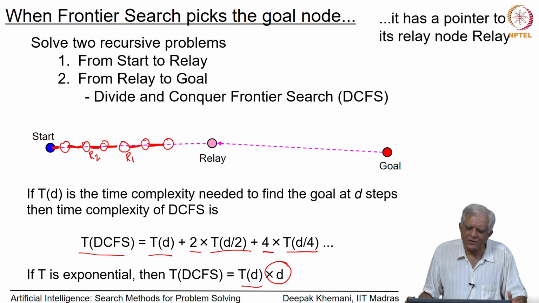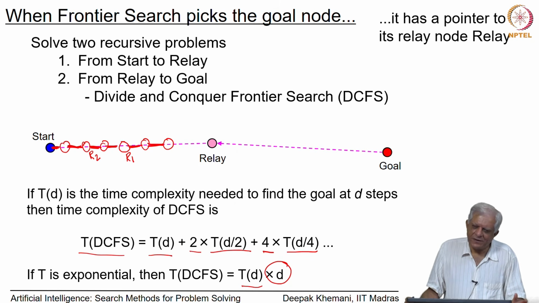So, this is the divide and conquer frontier search algorithm given by Korf and Zhang. What it says is that throw away the closed list, but at the halfway point maintain a layer of relay nodes. When you find the goal node, solve 2 recursive problems, one from the start node to the relay node that the goal node points to. Remember, that is important.